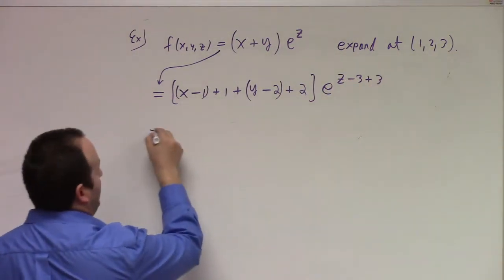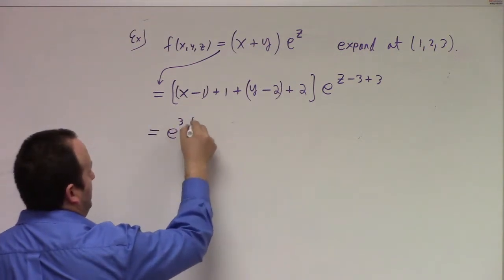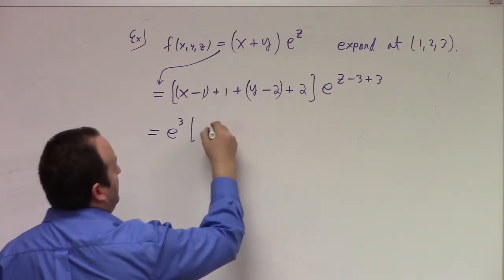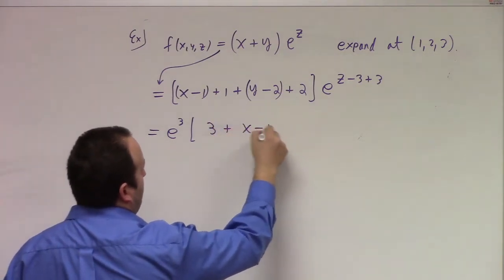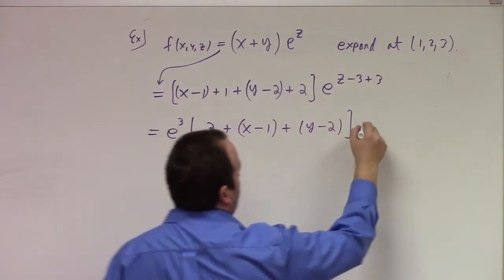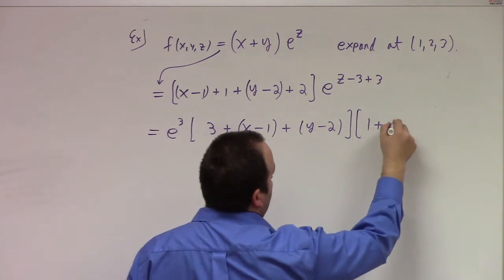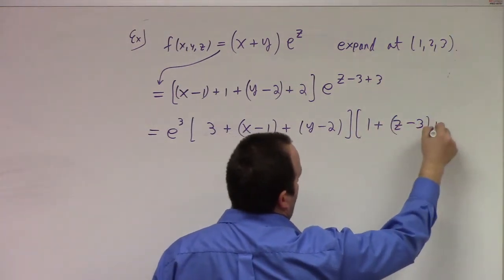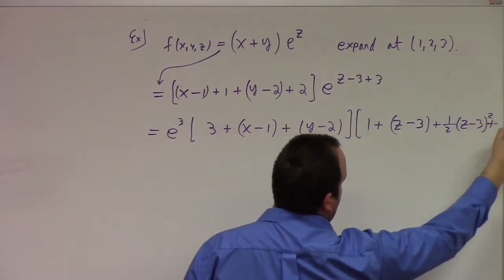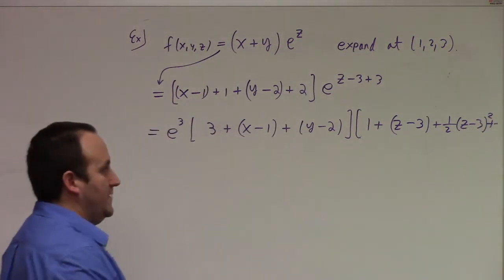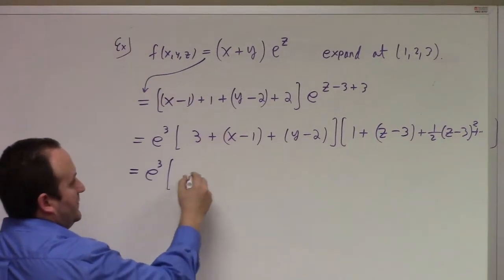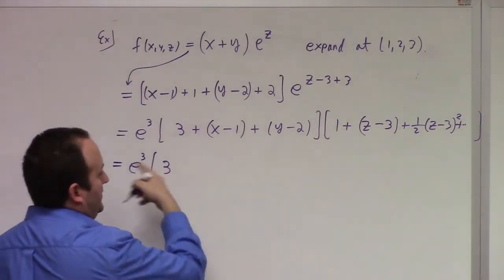And so what do I get? I have an e to the third power I can pull out front. Let me rewrite this again. I have 3 plus x minus 1 plus y minus 2, times 1 plus z minus 3 plus 1/2 z minus 3 squared plus and so on. And then you can just multiply out and see what you get. So the lowest order, I have 3, factoring out the e cubed.